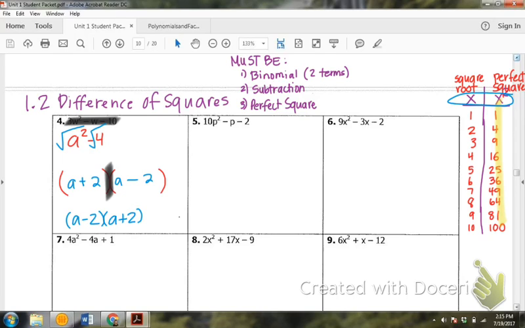So this is going to be your final answer, a minus 2, a plus 2. Again, a plus 2, a minus 2 is the same thing. So when we're grading, you don't have to ask, is it okay if I switch the signs around? You know that it's okay, all right? That one is your final answer. If you were to FOIL that or multiply that back together, you're going to get a squared minus 4, okay?